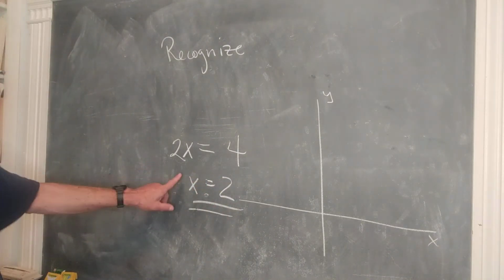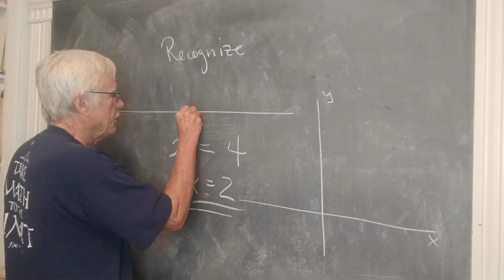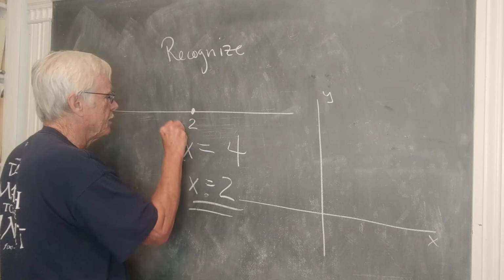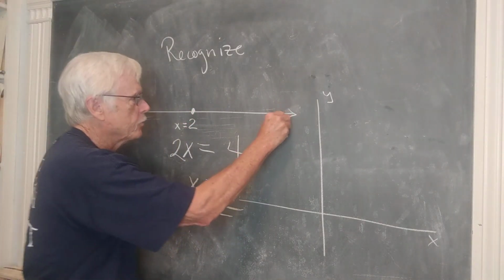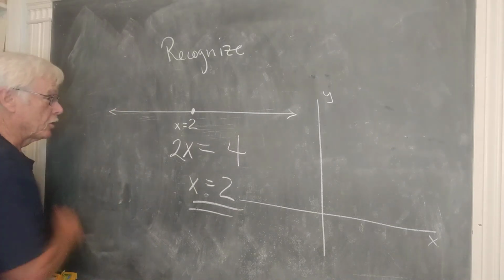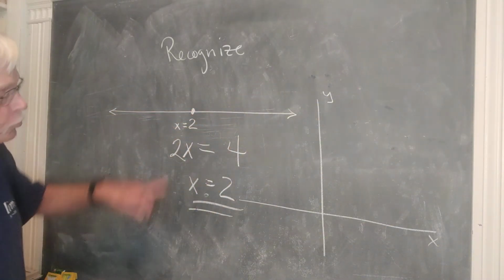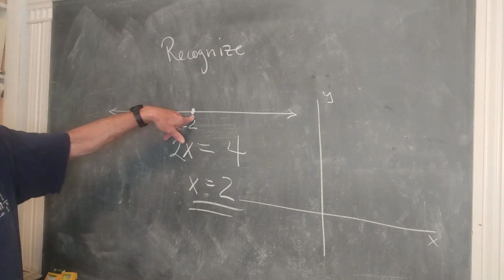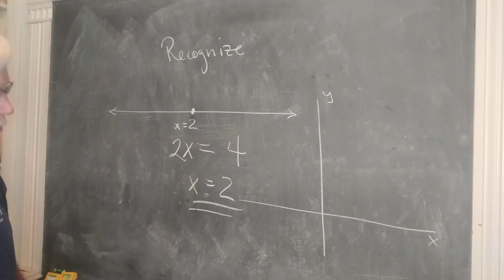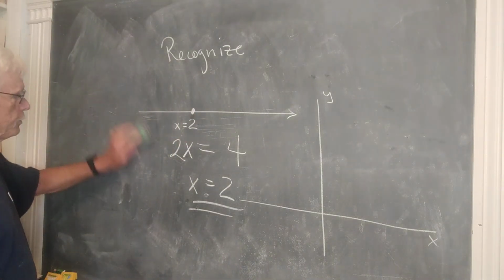So x equals 2 is a single position on the real number line. So the real number line is a line, a flat line. This is one dimension less, this is 0-dimensional, and this is just a single point. So, linear equations with only one variable.